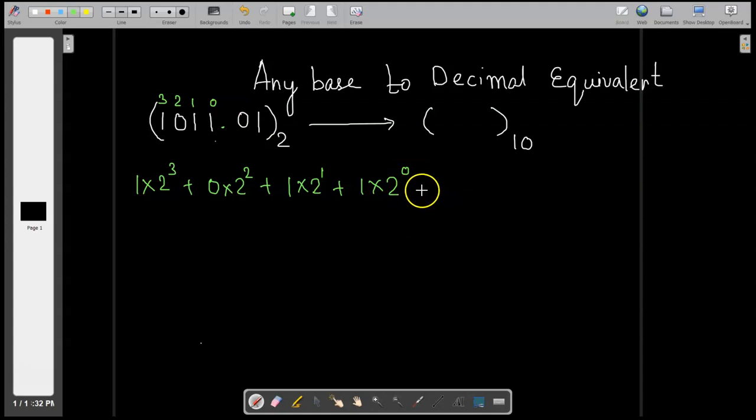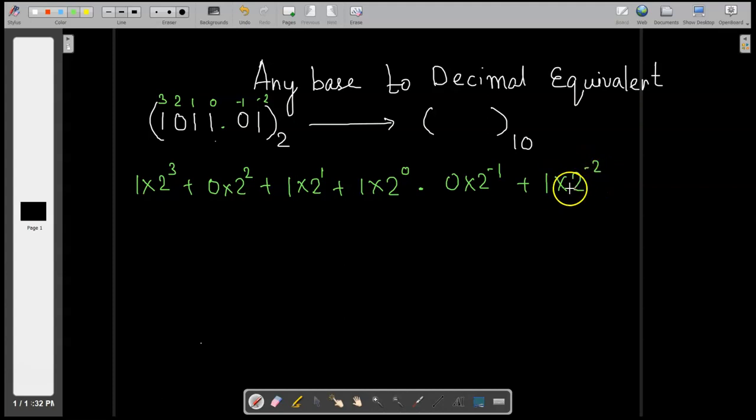Then we'll have a decimal point. Again, we'll continue from here. So this will be 0 into 2 to the power of minus 1. This will be minus 1, this will be minus 2, and so on if there are other numbers. Plus 1 into 2 to the power of minus 2.